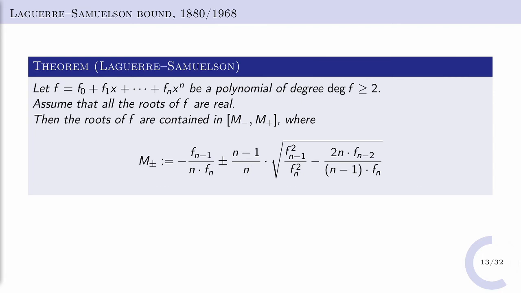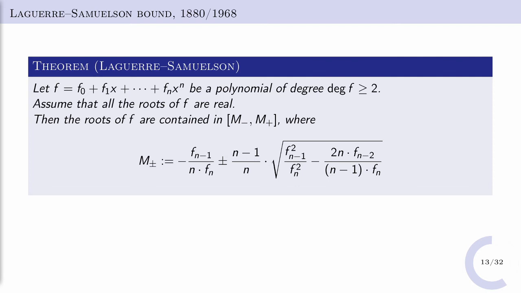It is impossible that they cooperated. In fact, of course, they didn't. This bound was invented in the 19th century by Laguerre, and after that it was completely forgotten, and it was rediscovered by Samuelson in a completely different setting.